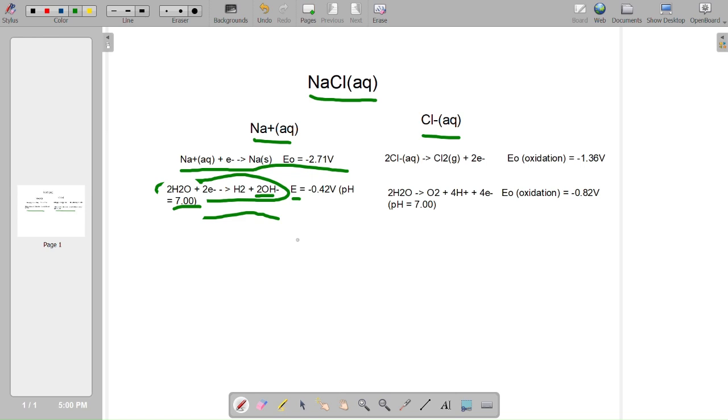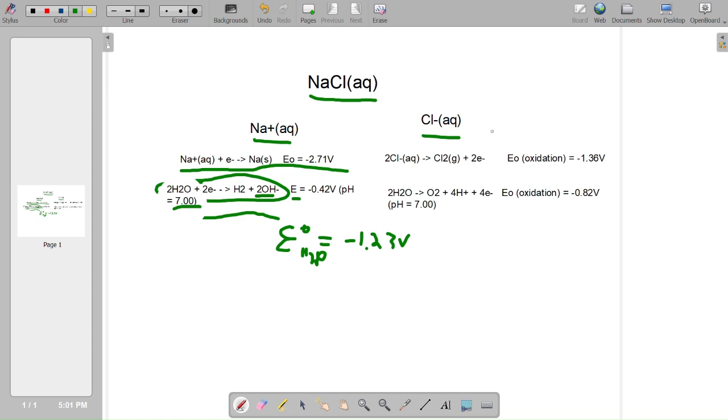Water is neutral. The standard reduction potential for water would be something like, I think, negative 1.23 volts, if I remember correctly. I'm not too sure about that, but I think that is what it is. Okay, so let's move on to Cl minus.